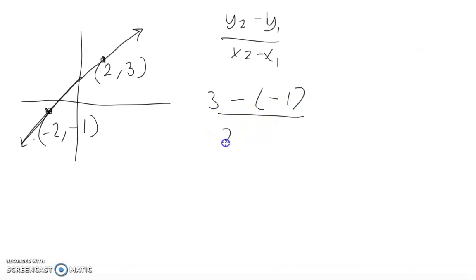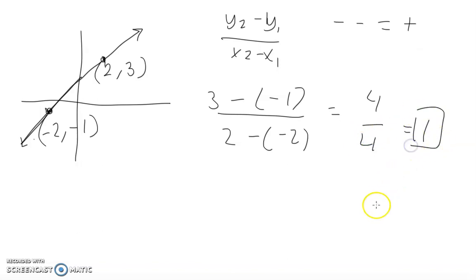As you can see, there are 2 double negatives, and a double negative equals a plus sign. So 3 plus 1 is 4, and 2 plus 2 is 4, which gives you the slope of 1, therefore showing that it is a 1x plus b equals y.